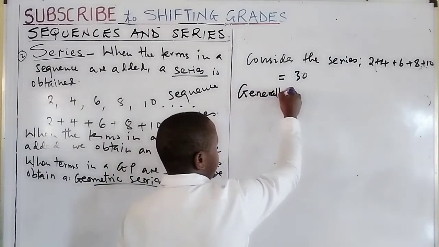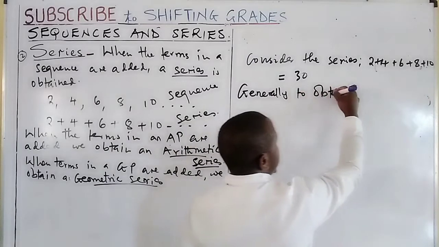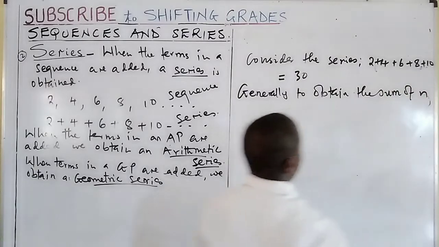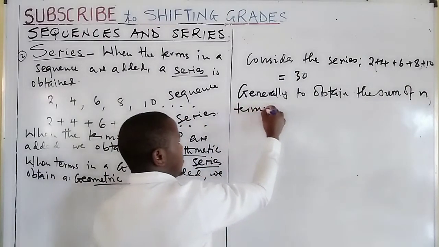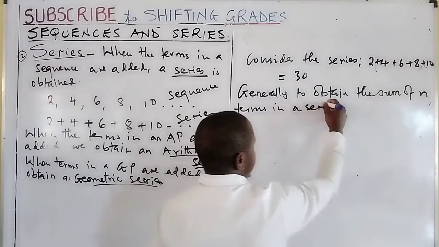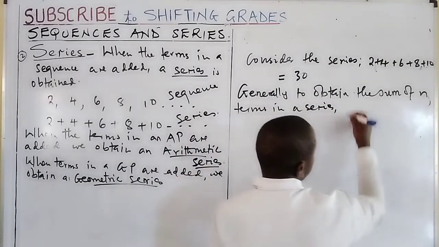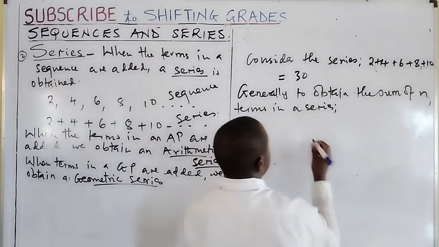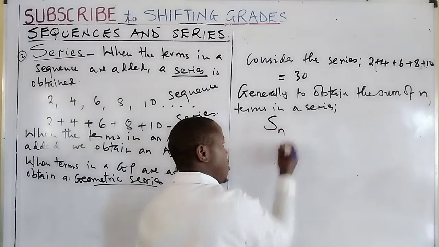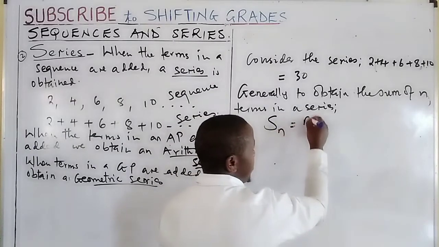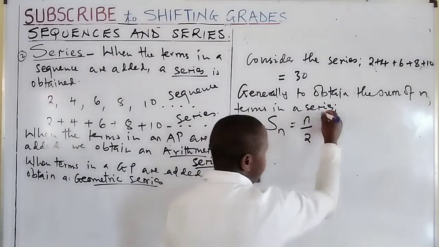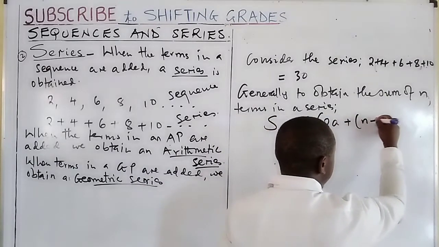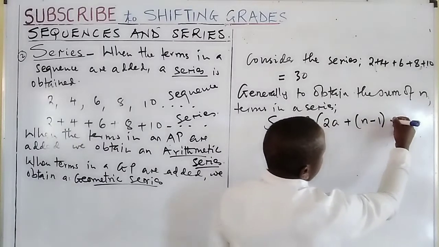Now, check this generalization. Generally, to obtain the sum of n terms in a series, the sum of n terms is given by n divided by 2 into 2 multiplied by a plus n minus 1 multiplied by d.